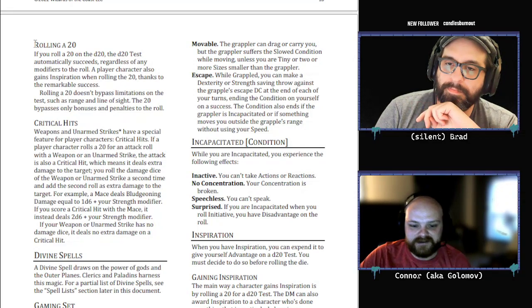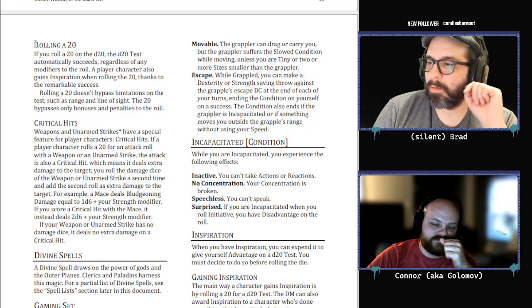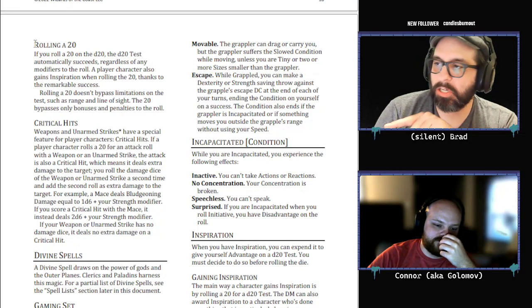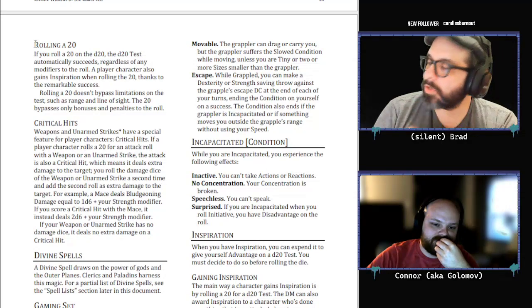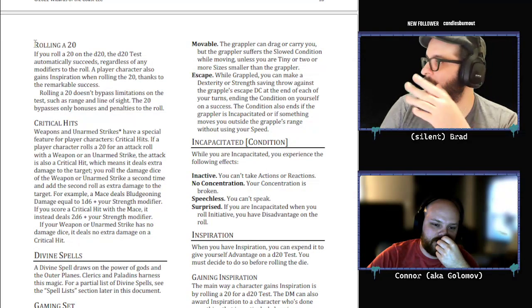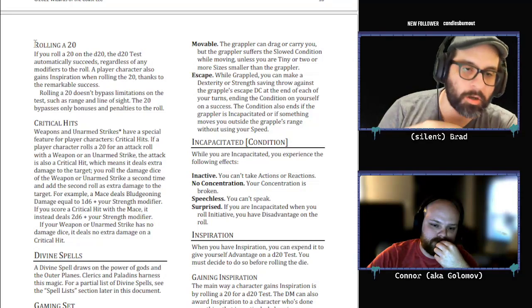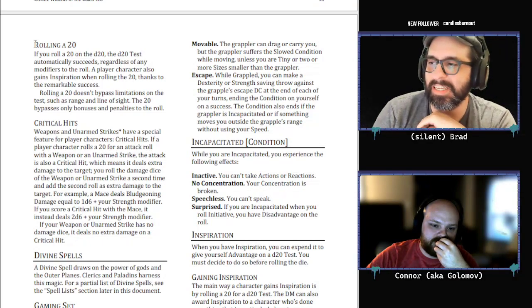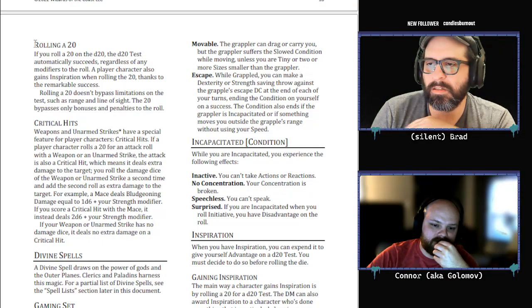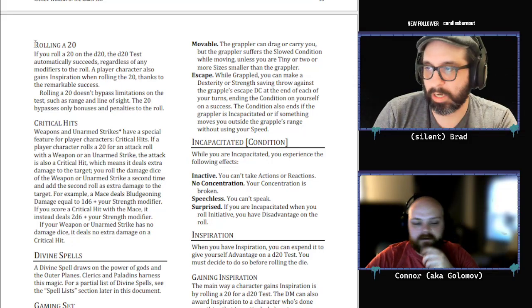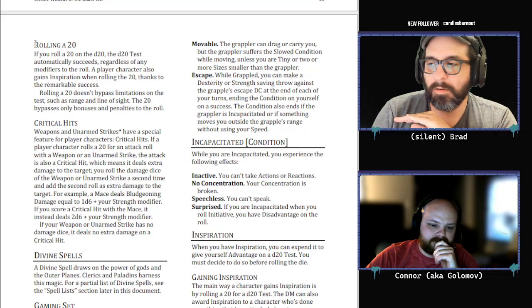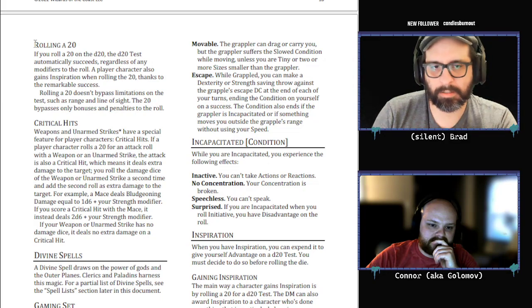So this one I don't like, the critical hits. Mostly, partly because we've got the cards that we use, but also because what it's saying here is that monsters and enemies cannot critical hit.